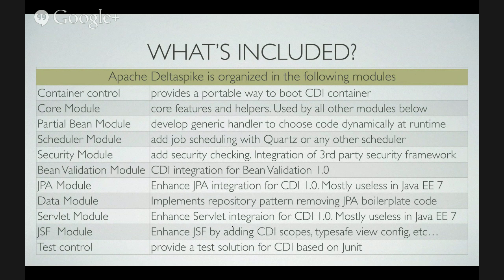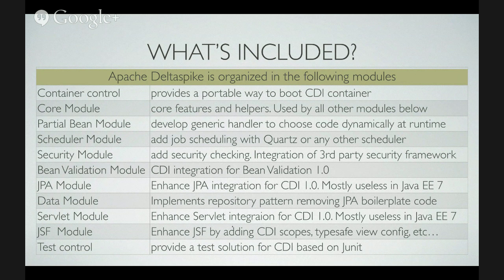Next module is the scheduler module. So you have a module that helps you to schedule jobs. It is based on Quartz, but you can implement your own scheduler with another framework if you have one. There's also a security module to add security to your application. And after that, there are some integration modules for bean validation and for JPA.